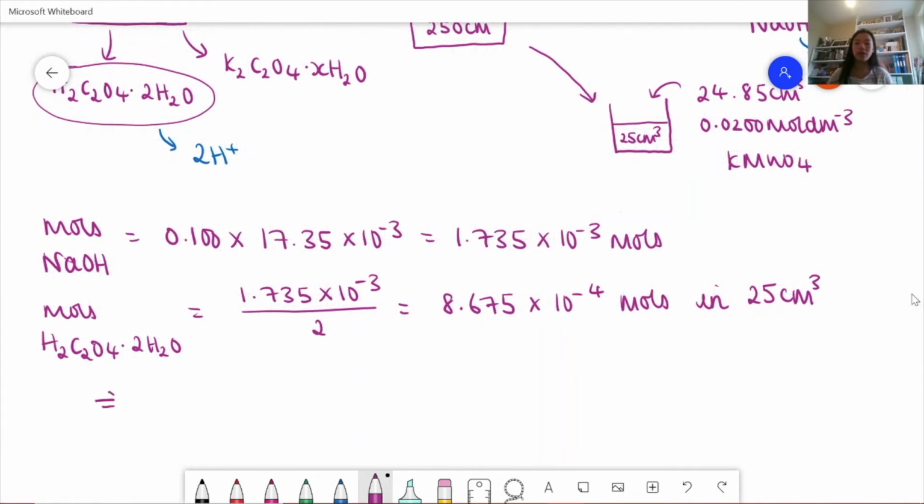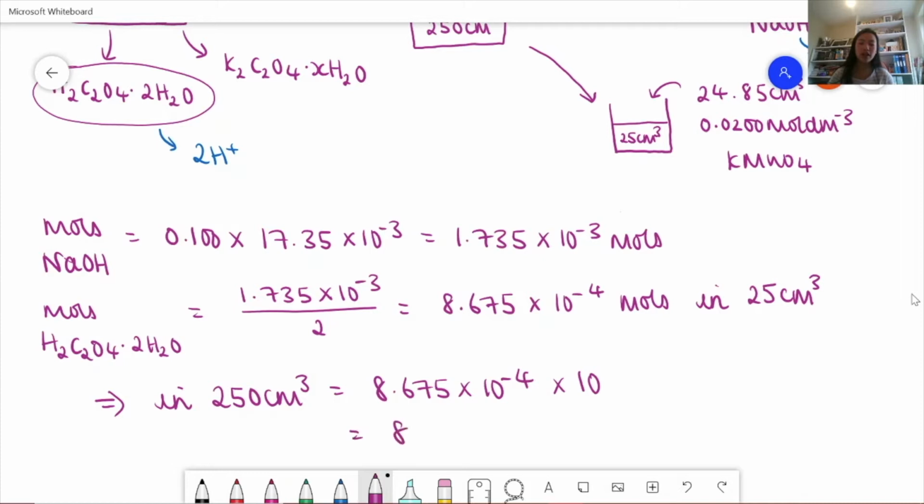So therefore, in 250 centimeters cubed, the moles is equal to 8.675 times 10 to the minus 4 times by 10, which is 8.675 times 10 to the minus 3 moles.